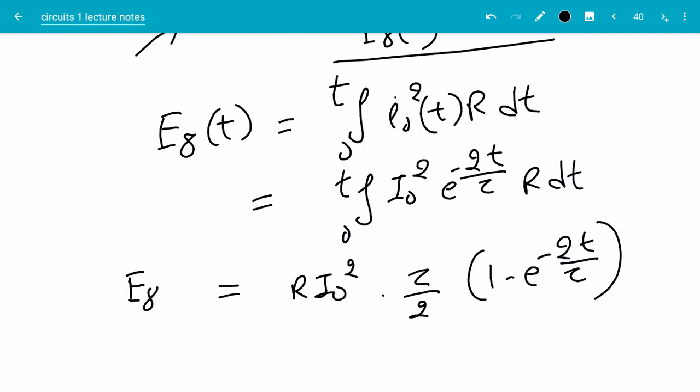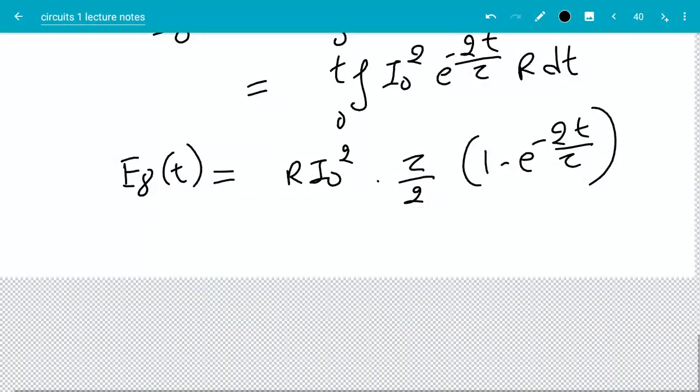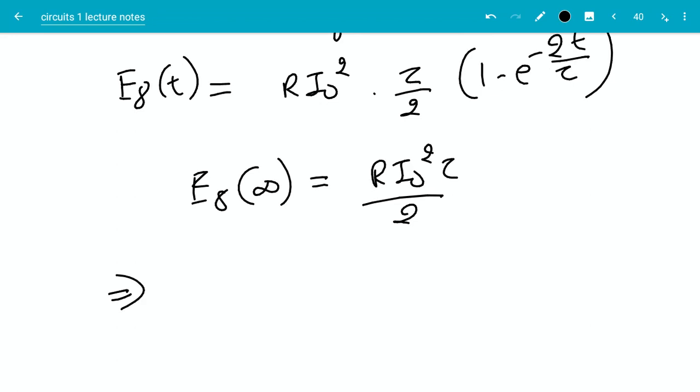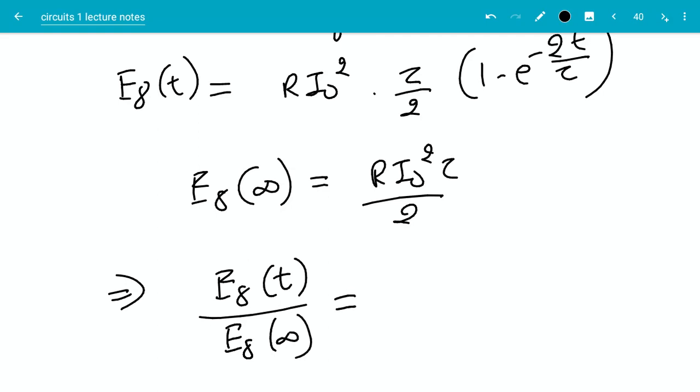Okay, and this is E8 of t. And if you remember from above, E8 of infinity will be equal to R I0 squared tau over 2. So E8 of t divided by E8 of infinity, this here and this here cancel out, so this means 1 minus e to the minus 2t over tau.